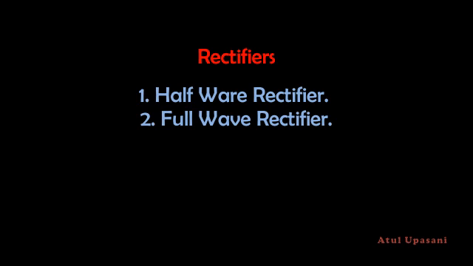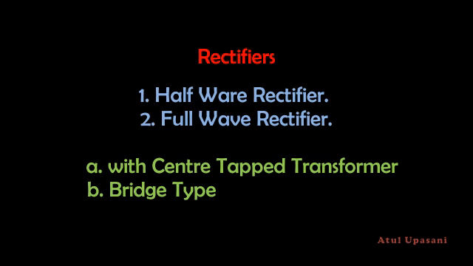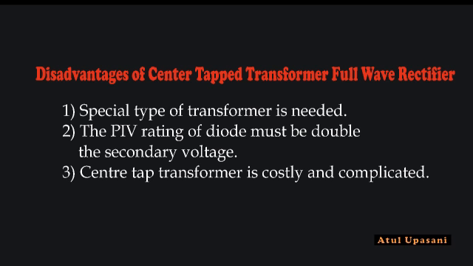This full wave rectifier is again classified into two types: full wave rectifier using a center tap transformer and full wave rectifier using bridge type connection. Now we are going to discuss another type of full wave rectifier, called the full wave bridge rectifier.